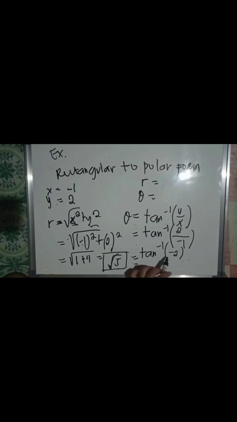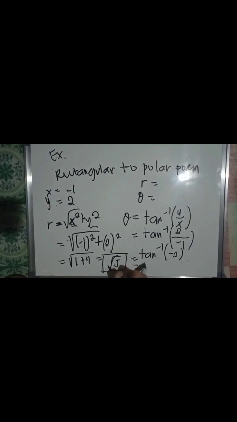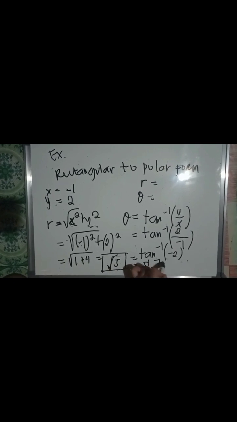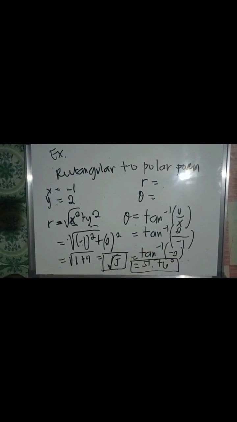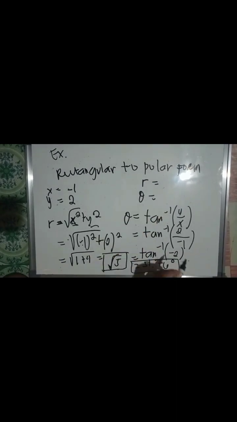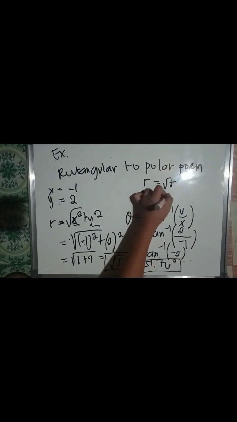Inverse tan of the quantity 2 over -1 would be 51.76 degrees. And this is our angle theta. Our r is square root of 5 and our theta is 51.76 degrees.